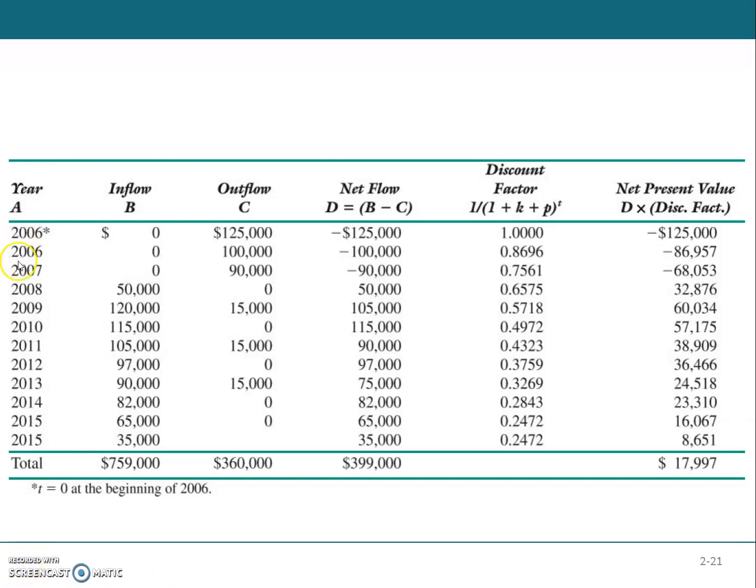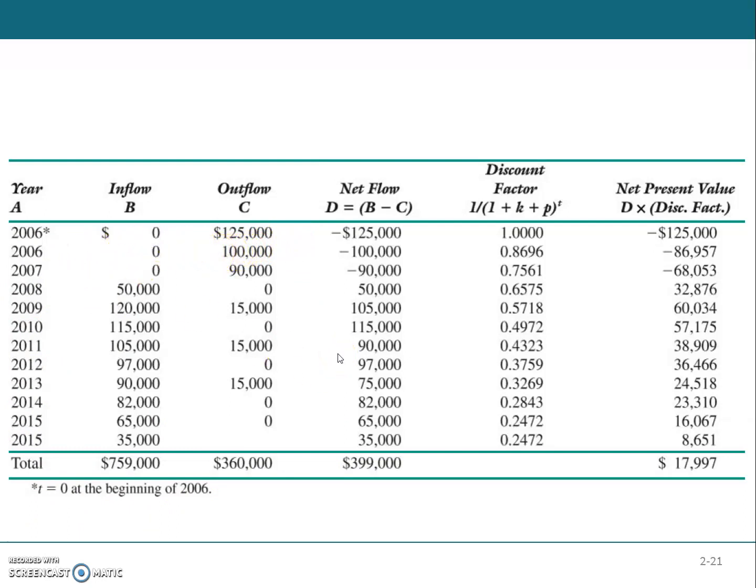Example over here, at the beginning of 2006, and then at the end of 2007, 8, 9, and then 10. So here you can see that 2006 is the asterisk, t is equal to 0, at the beginning of 2006. But here all the other expenses are at the end of the year 2006.